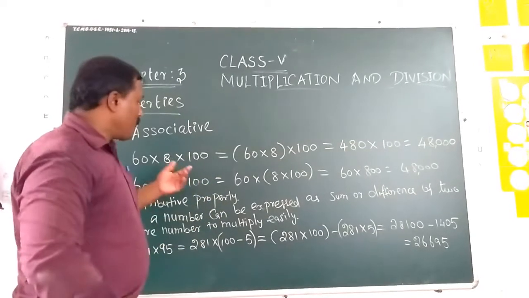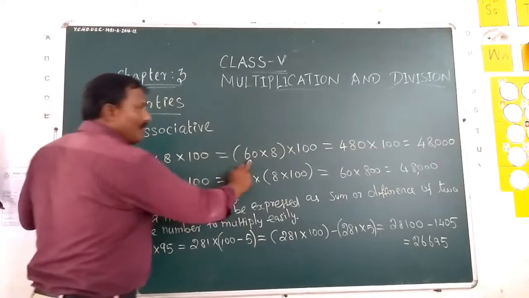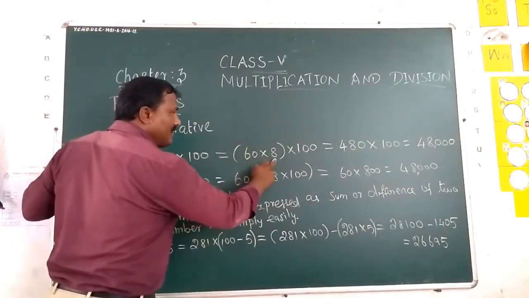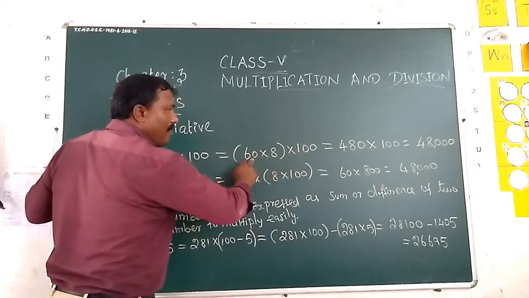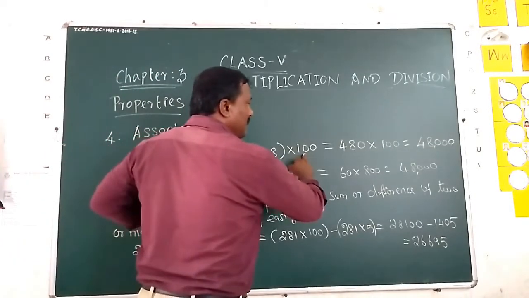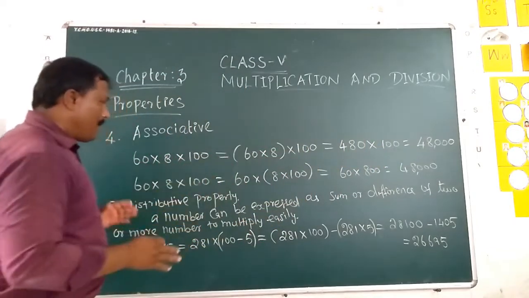So first I arrange 60 and 8 as a group. 6 8s are 48, then 480. Then multiply by 100, we put 2 zeros. That's it, the same sum.